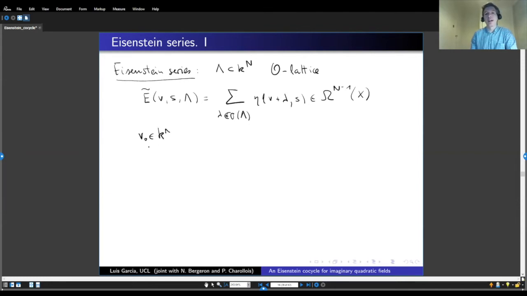And if your vector p happens to be a rational vector, then this is invariant under a certain arithmetic subgroup. Namely, if you take out this O^n, then this is an n-1 form on X that's invariant under Gamma_1 of V_0, which you can think of as an n-1 form on X modulo Gamma_1 of V_0.